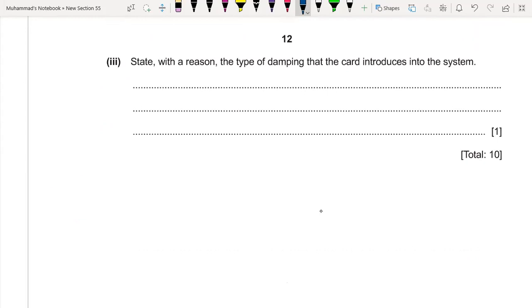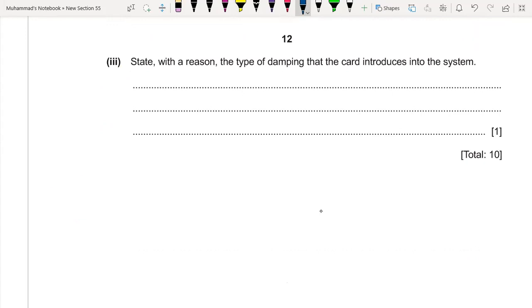State with reason the type of damping that the card introduces into the system. You know, in your mind, it should come that there are 3 types of damping: critical, heavy, and light damping. In the case of light damping, oscillation will be there, and the amplitude of the oscillation will decrease slightly.